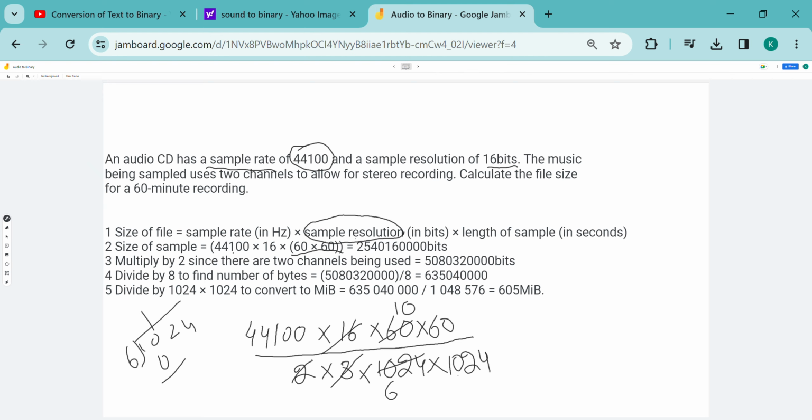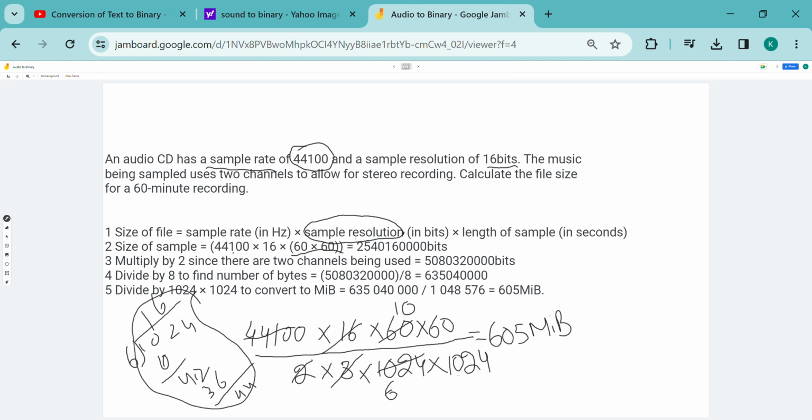So when we multiply the rest of the calculation using the calculator, the answer will become 605 megabytes. This number is not divisible by 6, so we will try with some other integer, and this will help us solve the question, that the answer would be 605 megabytes.